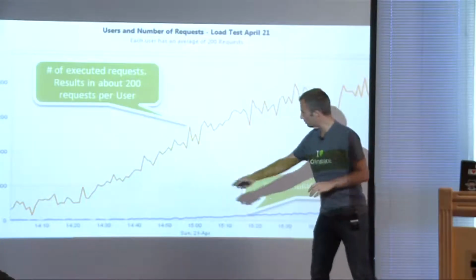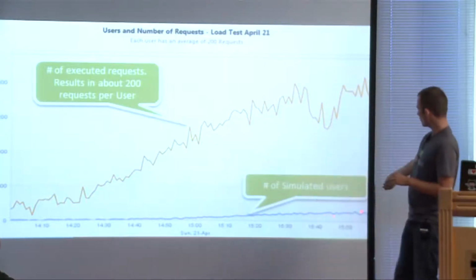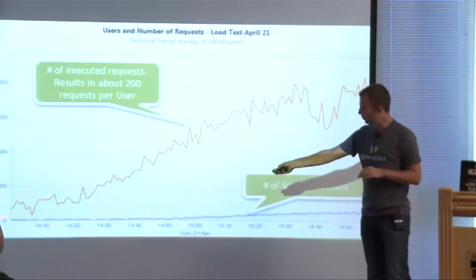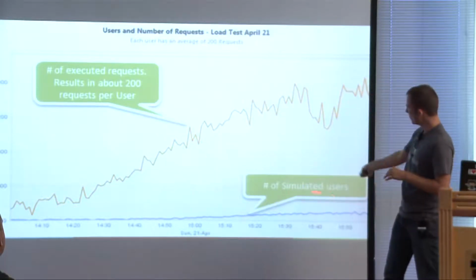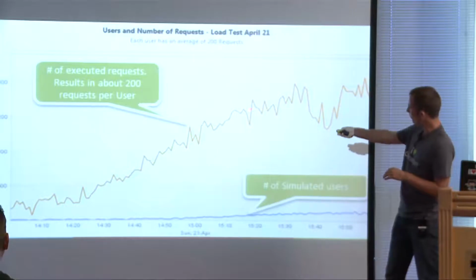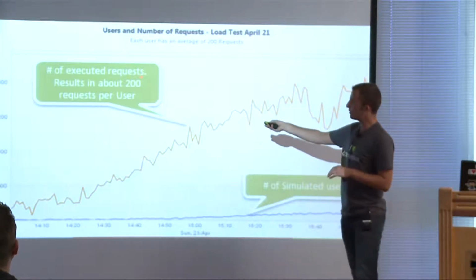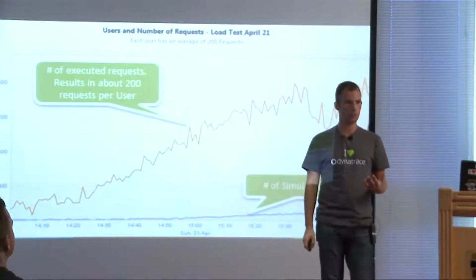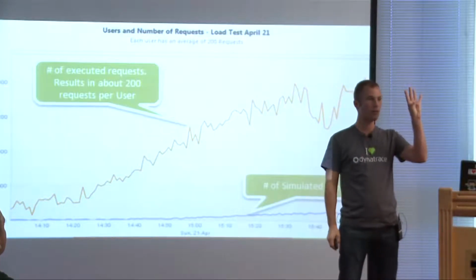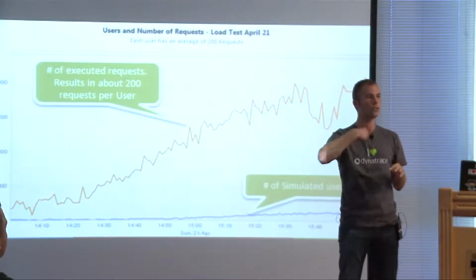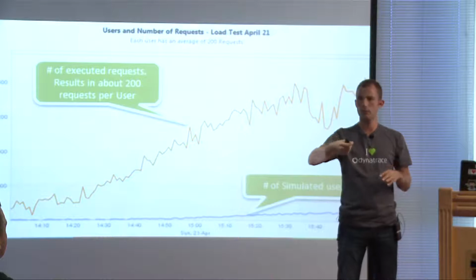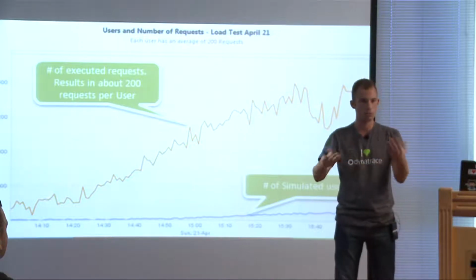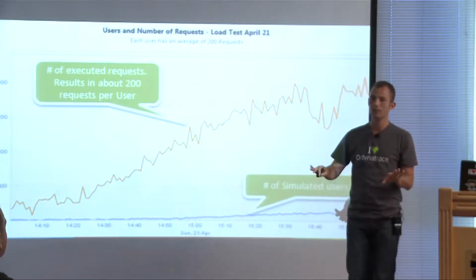We simulated that with a load testing tool and ran a test over 2 hours, ramping up from 0 users to 200 users. The other thing we looked at is how many requests are executed per user. For these 4 steps, my users had to execute 200 HTTP requests, right? Which is downloading the HTML, all the JavaScripts, and all that stuff. So it was our baseline.